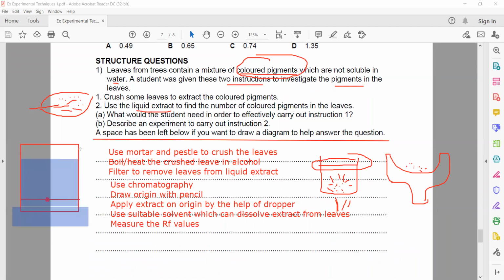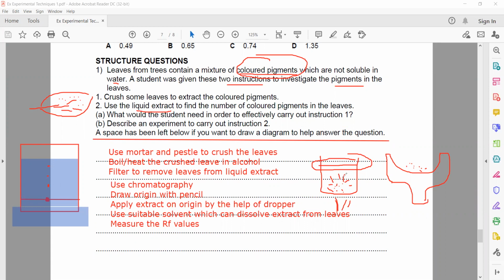Then you can mention count the number of spots, or measure the RF value to know how many colored pigments are there in this leaf. Is this experiment clear? Any doubt?